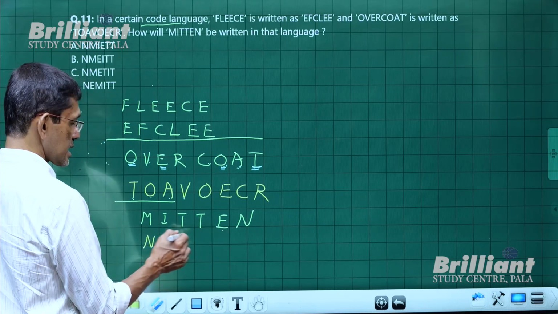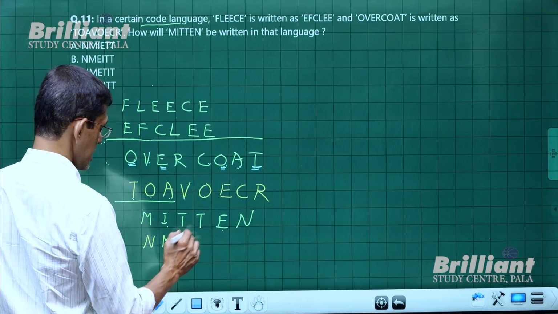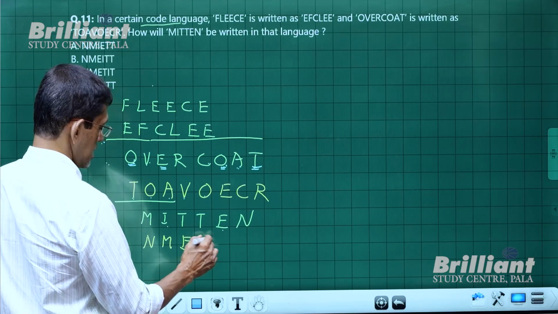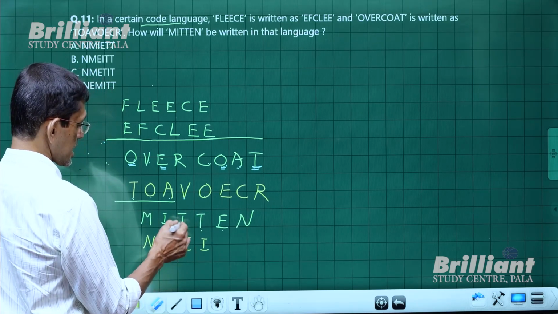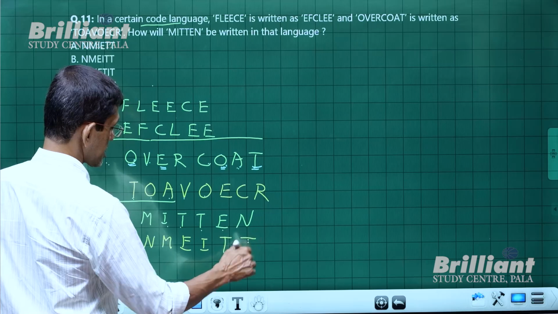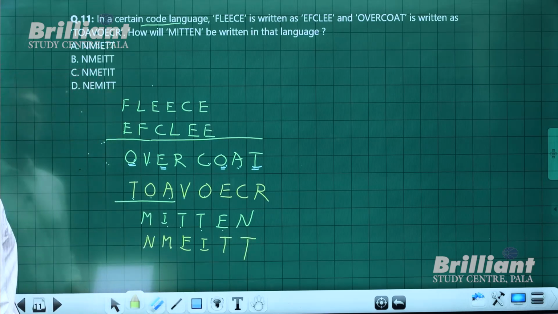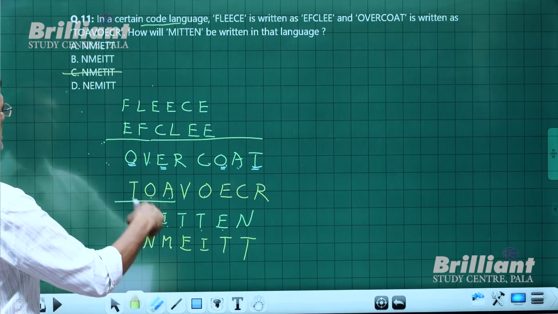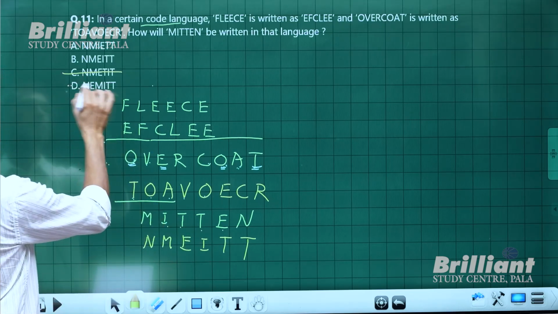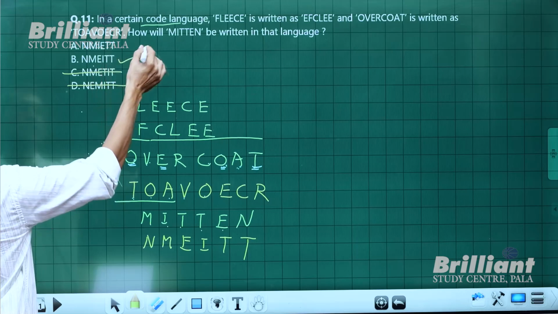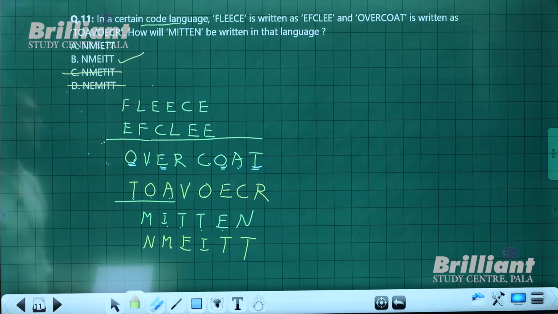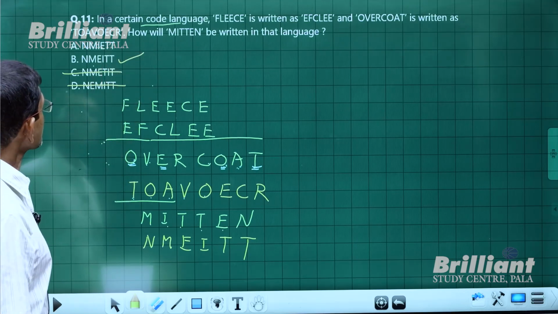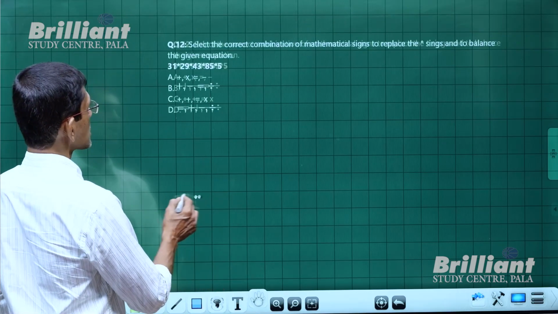Then second last letter and the second letter, E-I. Then we have T and T, T-T. So it's going to be T-T at the end, so this is not going to be the answer. N-M-E-I-T-T, that is the answer. So second answer choice.